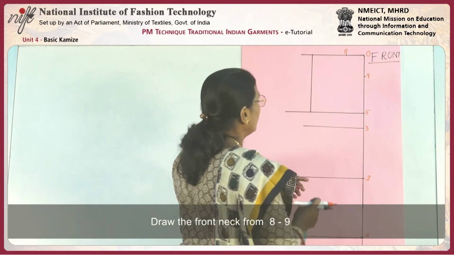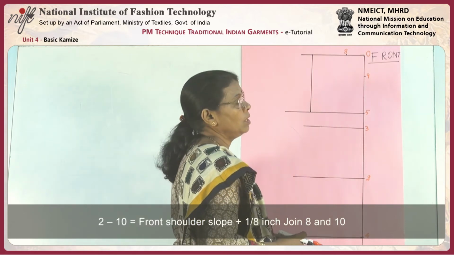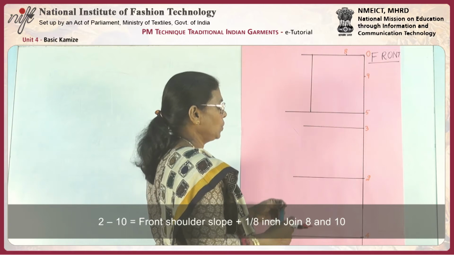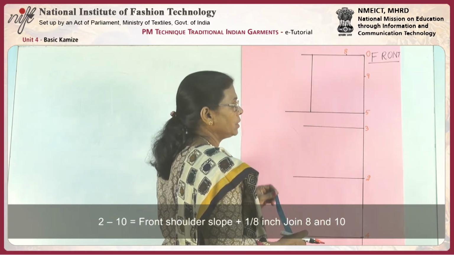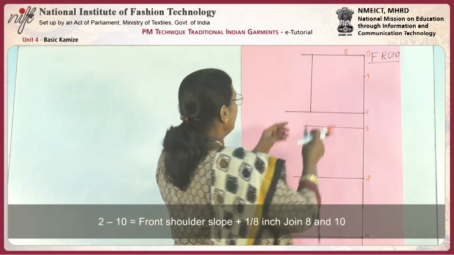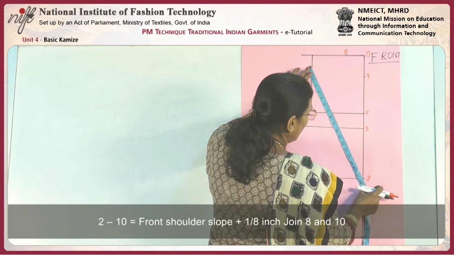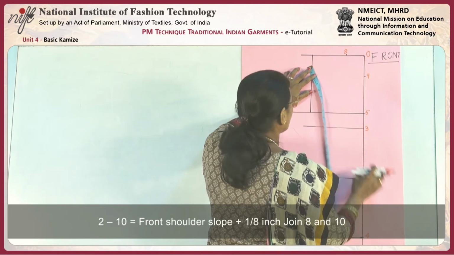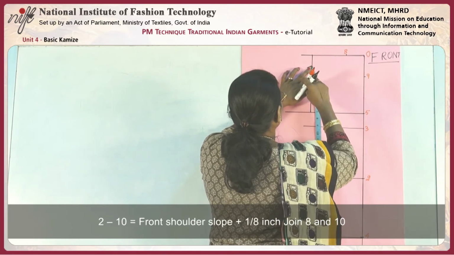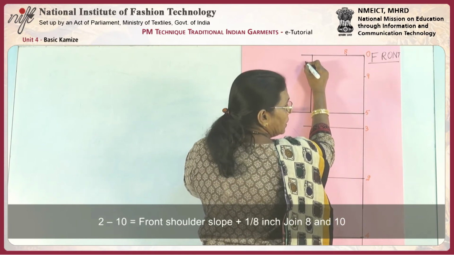Now 2 to 10 is equal to front shoulder slope plus 1/8 inch. Front shoulder slope is 17.5 plus 1/8 is 17 5/8. This is 10.